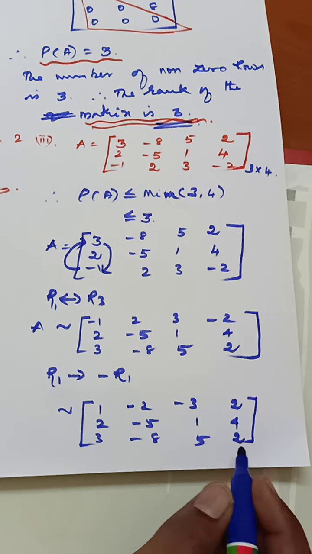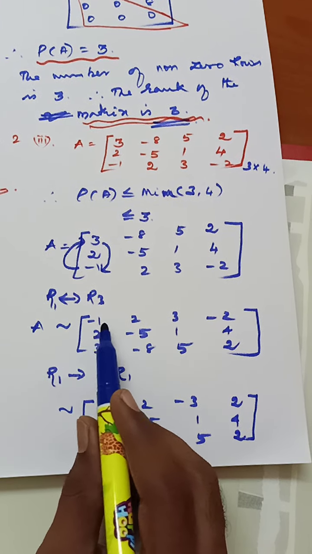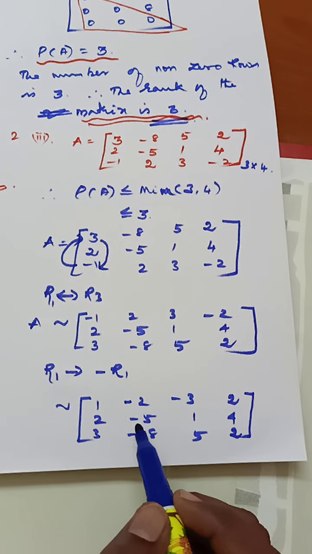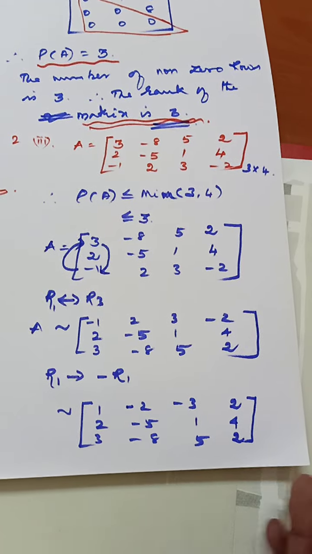You can ask whether we can't proceed with minus 1. You can proceed with minus 1 also, but plus 1 means we can avoid the confusion. So whatever the number is, you can make it into 1.